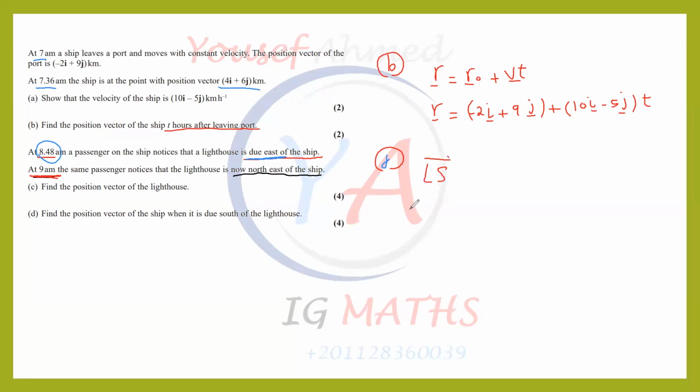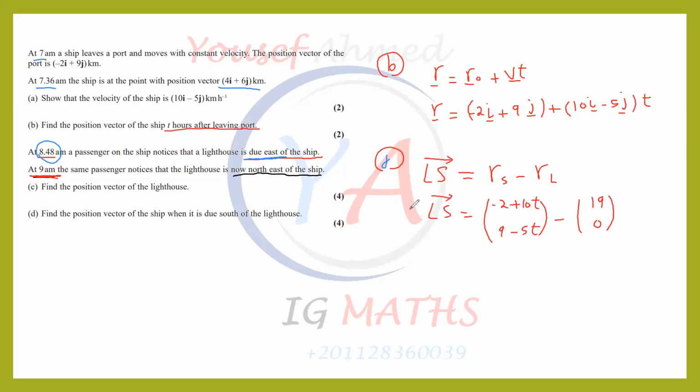It's LS. So it's the position vector of the ship minus the position vector of the lighthouse. Position vector of the ship is minus 2 plus 10t, and here we have 9 minus 5t, minus, as you know, 19 and 0. This is the lighthouse position vector.